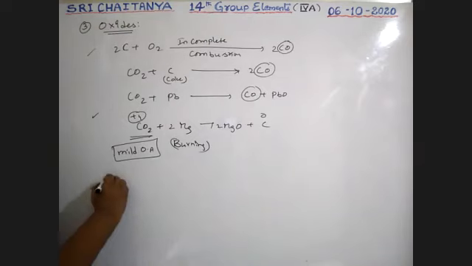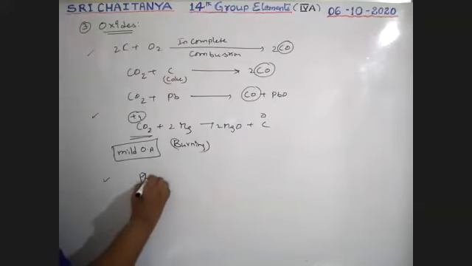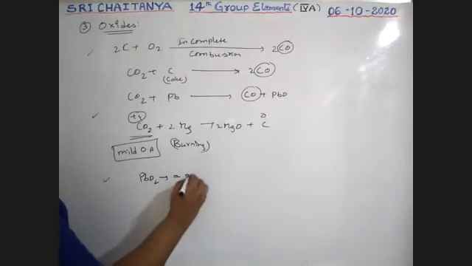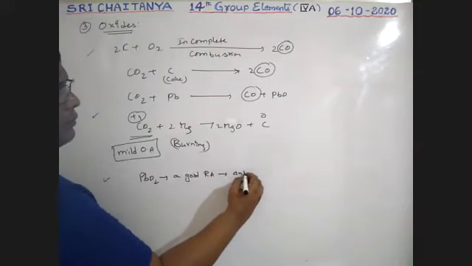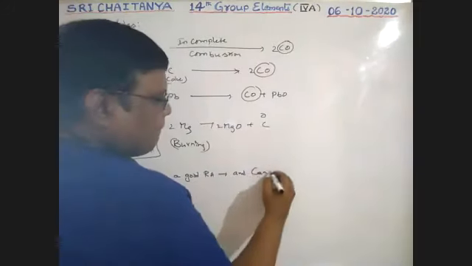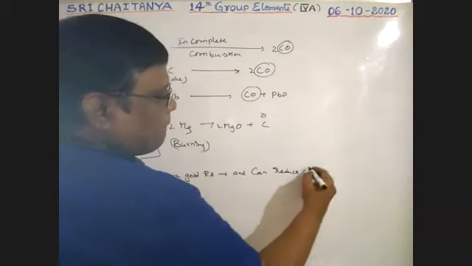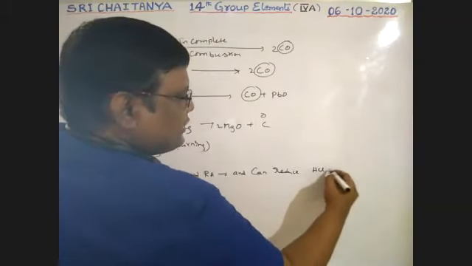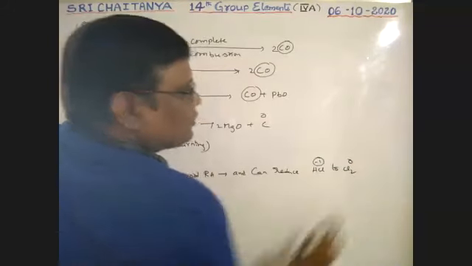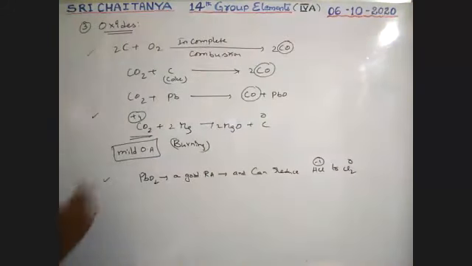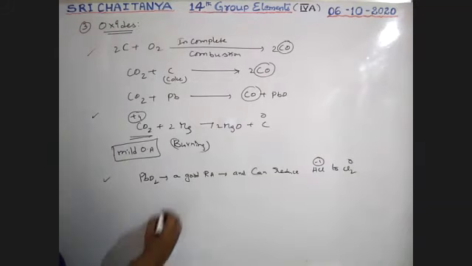But PbO2 acts as a good oxidizing agent, and can oxidize HCl to Cl2. Here it is -1, and here it is 0. So that is oxidized with the help of PbO2. Let us observe the reaction.